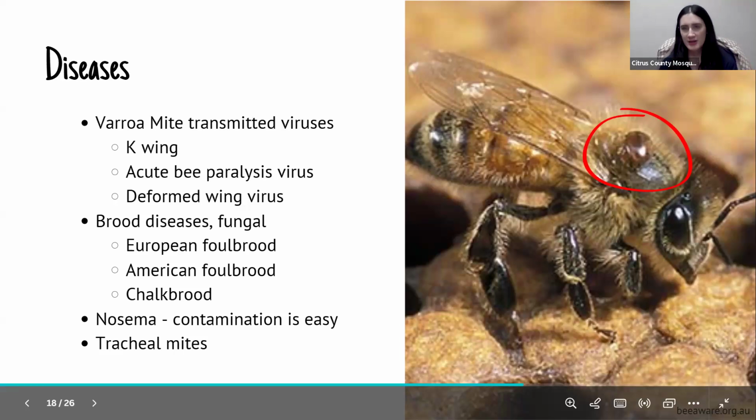But if you see any of these, or you think you have foulbrood, that is something you want to contact your apiary inspector about. It's their job to make sure that these viruses are not spreading in Florida, and they're going to be way better at identifying the problems and providing a solution than me or another beekeeper.